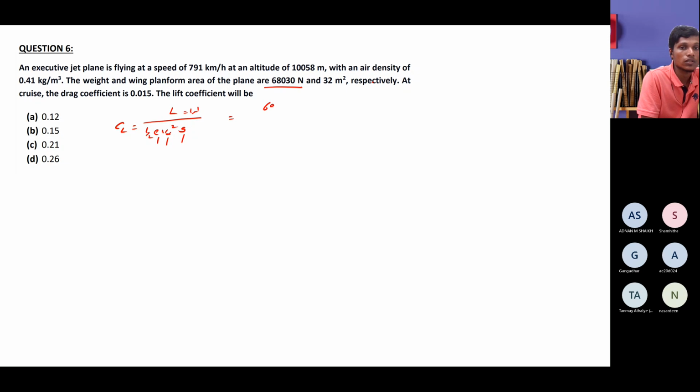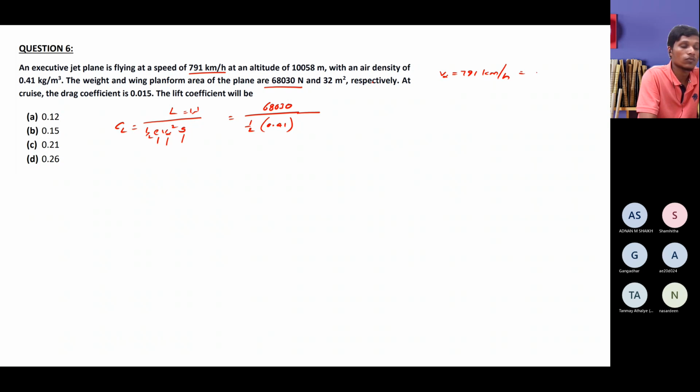That is 68030 by half of the air density, 0.41, times V infinity squared. See that V infinity is in kilometers per hour. You need to convert that into meters per second for the substitution, as all the remaining are in meters and seconds.